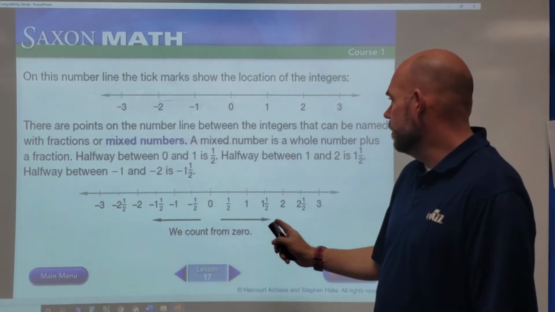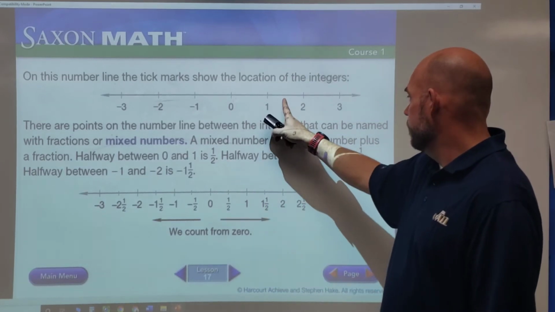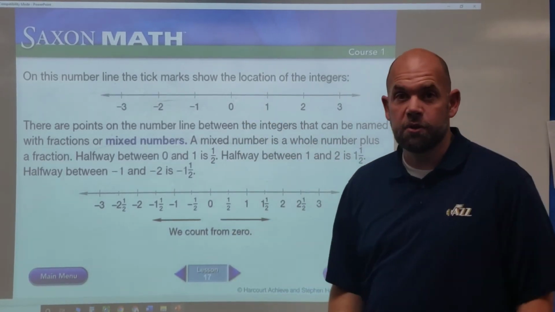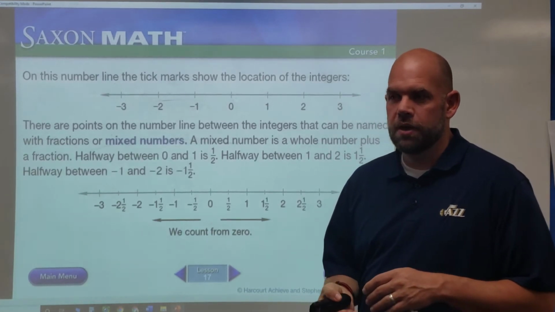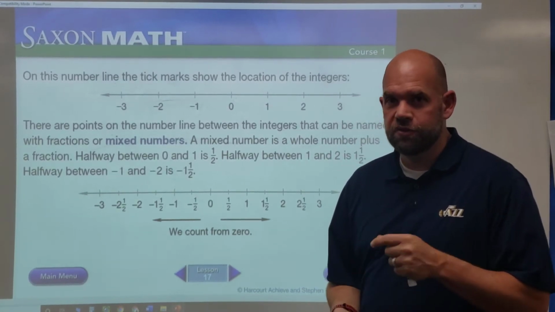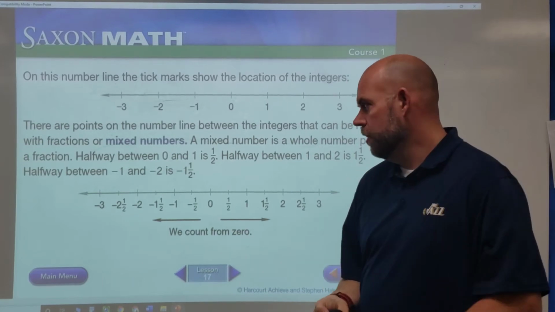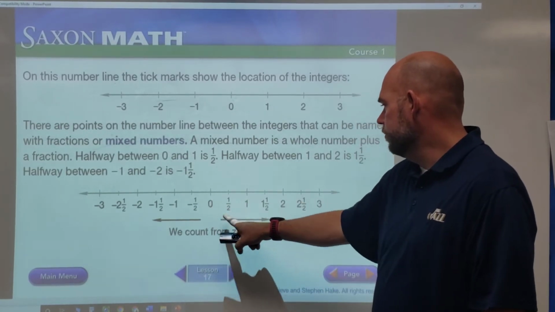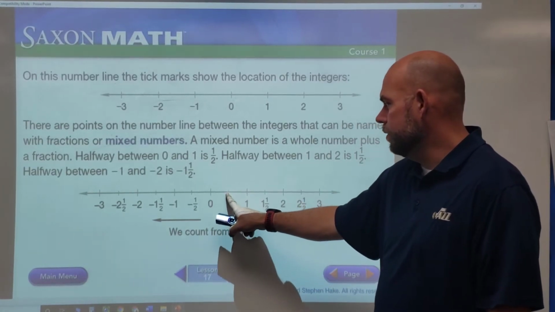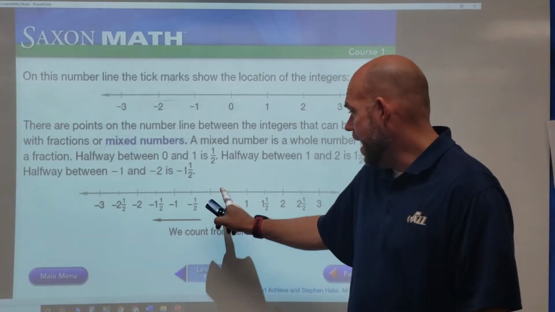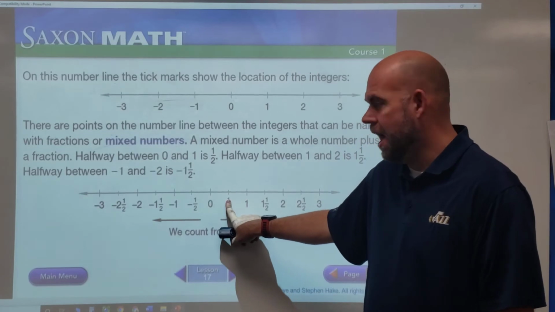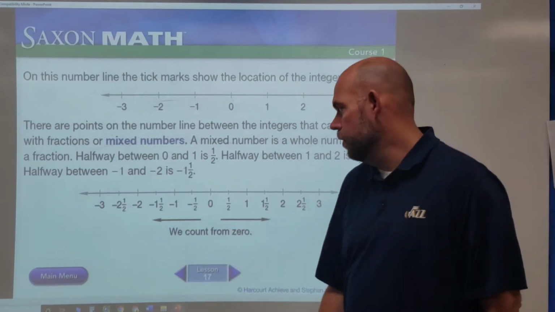There are points on the number line between the integers that can be marked as mixed numbers. We see this on rulers, and sometimes with temperature, we'll see partial marks. If we go from 0 to 1, there might be a mark in between that's a half mark. Usually those aren't labeled. The hash is there, but they don't say half. You have to figure that out on your own.